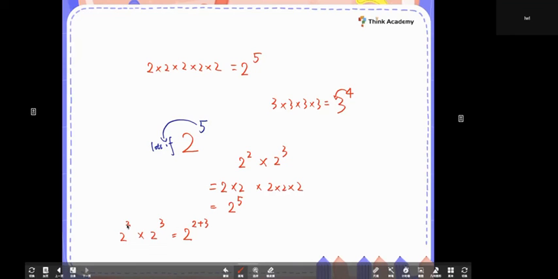We have 2 lots of 2 and 3 lots of 2, and we multiply them together. We have 5 lots of 2 multiplied together, that is 2 to the power of 5. So these two parts, what a power is and how we do multiplication with powers of the same base number, we may use in lesson 2.